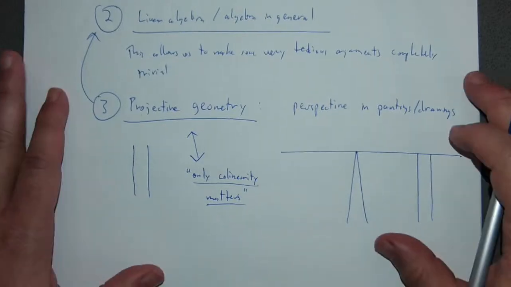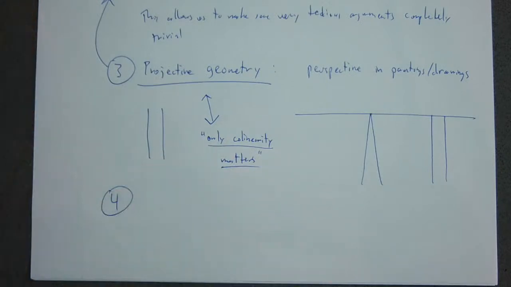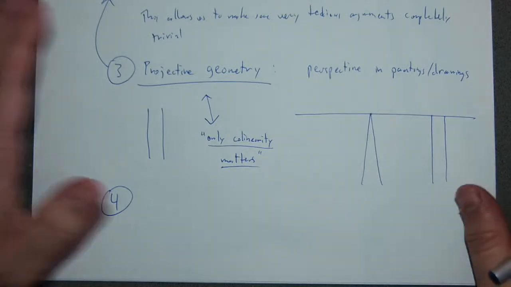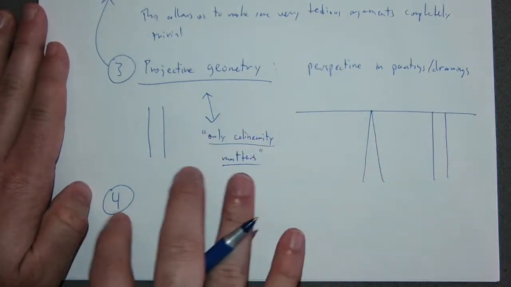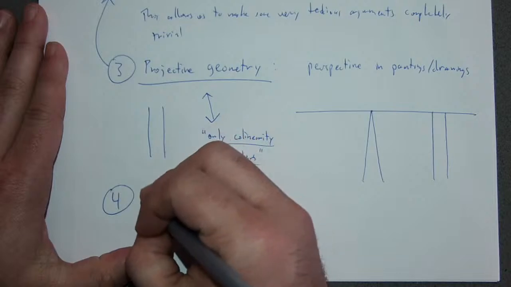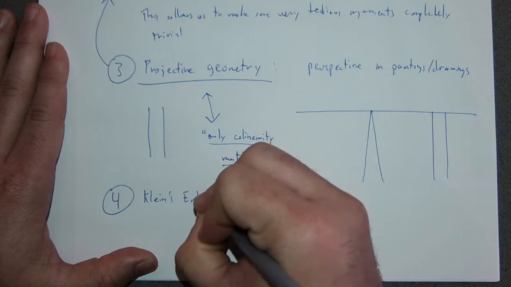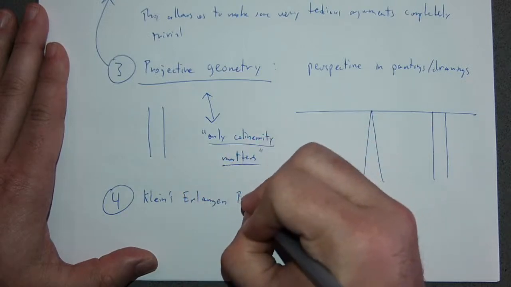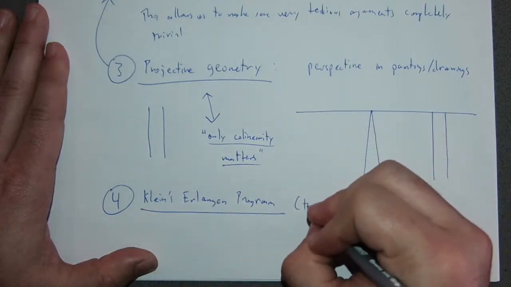Okay. All right, and so the last pillar is the most important thing for getting a good grasp of how to think about geometry that has been done up till now. This is the most important thing, and this is Klein's Erlangen program, or transformation groups.